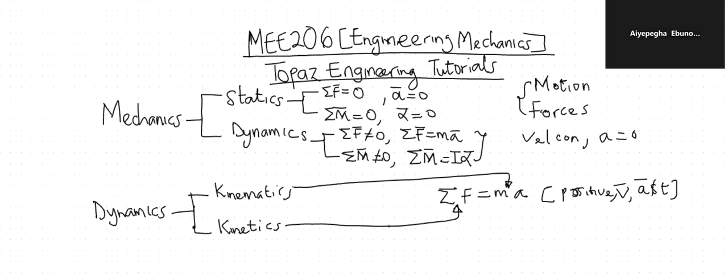That is the kinematics aspect. But you are not taking into consideration the force that is causing the motion. If you are going to talk about the force that is causing the motion, that is kinetics. You get it now? And I'm going to tell you something at the end of this lecture which I would want you to keep following.